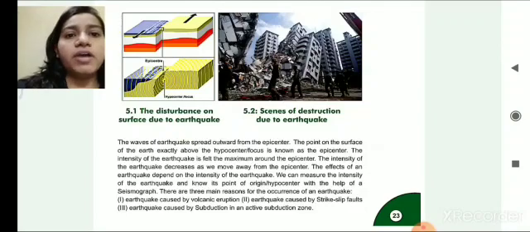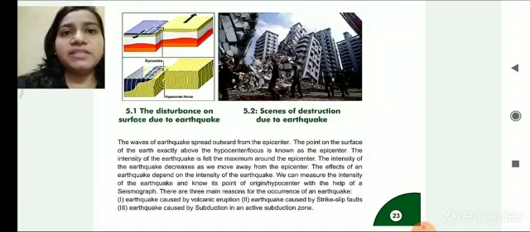The effects of an earthquake depend on the intensity of the earthquake. We can measure the intensity of earthquake and know its point of origin or hypocenter with the help of seismograph. That means we can measure on what scale the earthquake was with the help of seismograph. It is an instrument through which we can measure the intensity of earthquake.